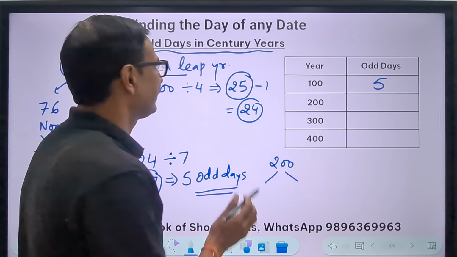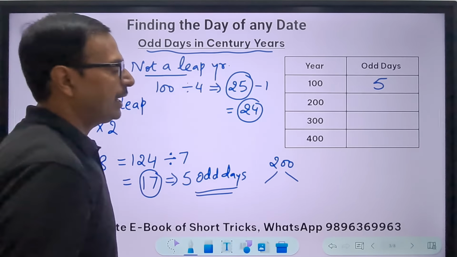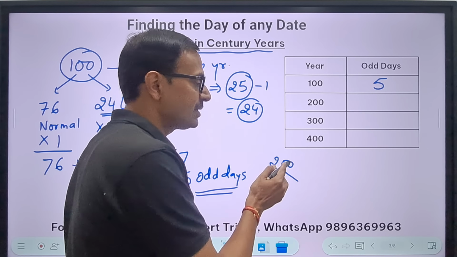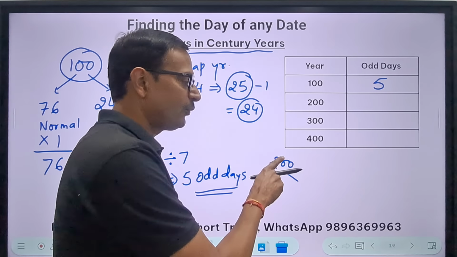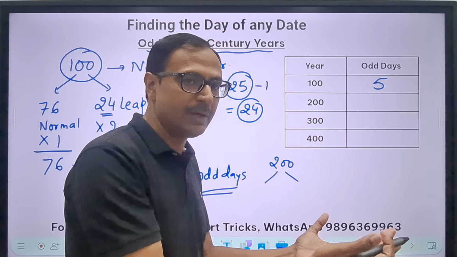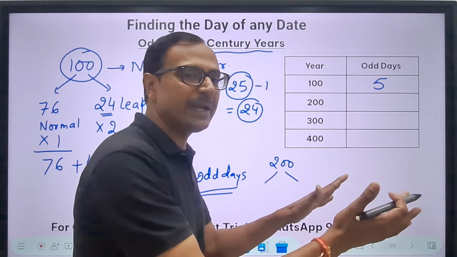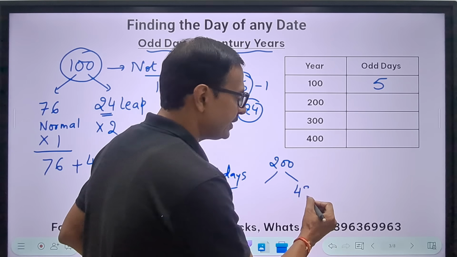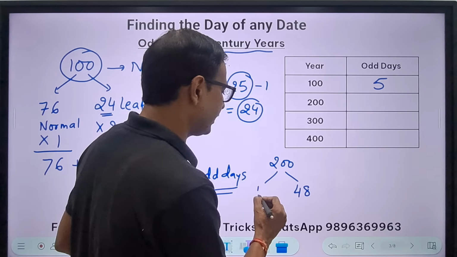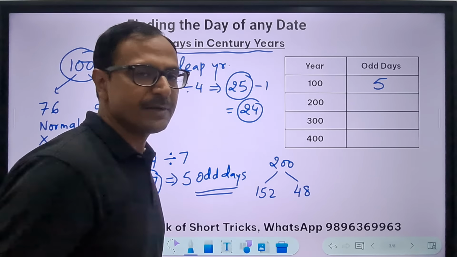Again you should know that 100 is not a leap year and 200 is also not a leap year because 200 is not divisible by 400. And so if you eliminate 100 and 200, you will have 24 plus 24, 48 leap years, and the remaining 200 minus 48 is 152 normal years.